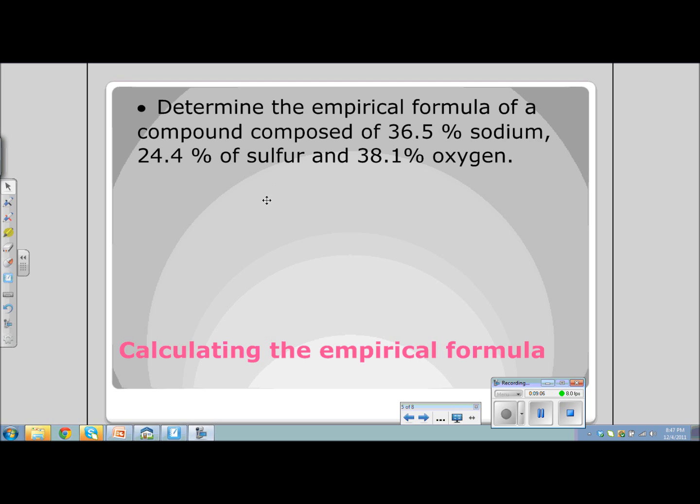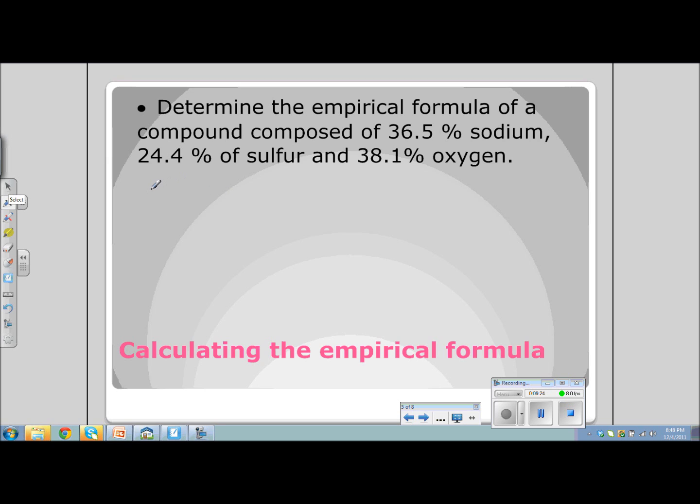So if we had 100 grams of the compound, 36.5 grams would be sodium, 24.4 grams would be sulfur, and 38.1 grams would be oxygen.